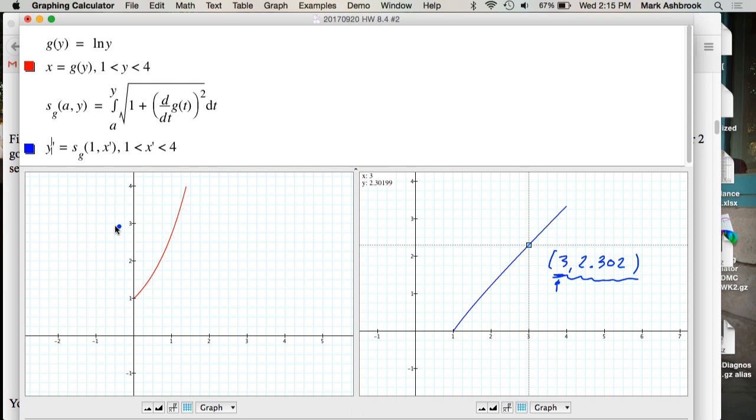Okay, so it's right here. It's 3. Okay, and so then what is the 2.303? How about Ray? So this 3 is that 3 there, and then what is the 2.3? The x value of that point right there?